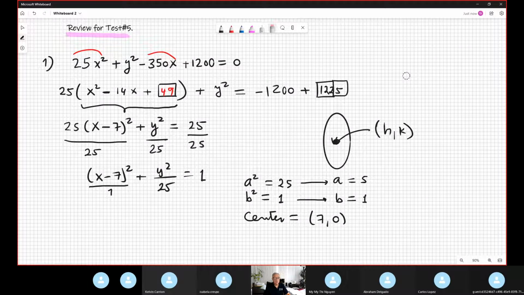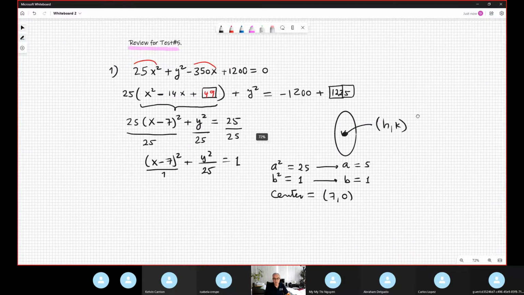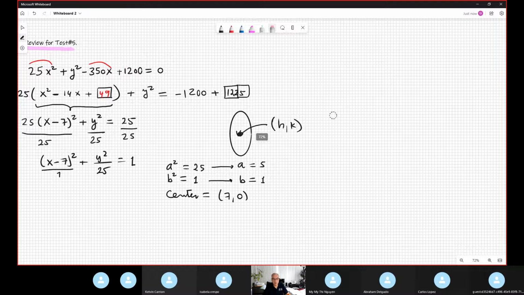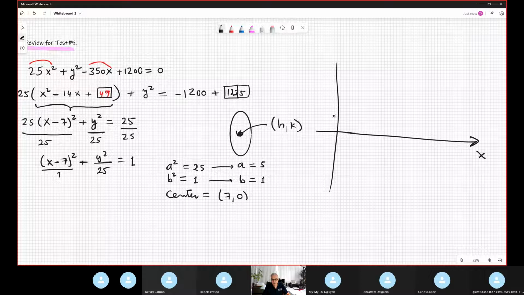Okay, quickly, the graph, see, we are doing it roughly by hand. It looks like that. This is the x-axis. It's the point 1, 2, 3, 4, 5, 6, 7 here. 7, 0 is the center. Then 1, 2, 3, 4, 5.